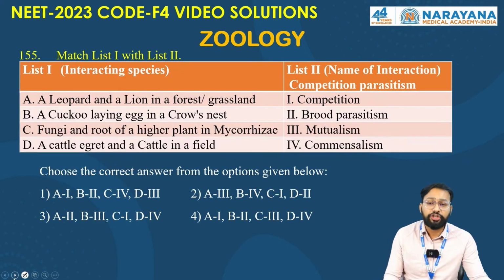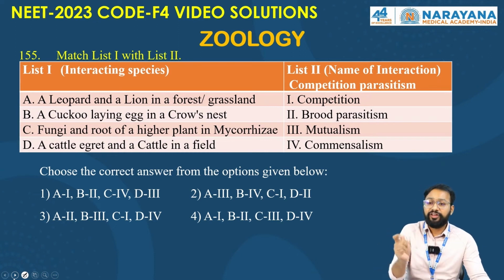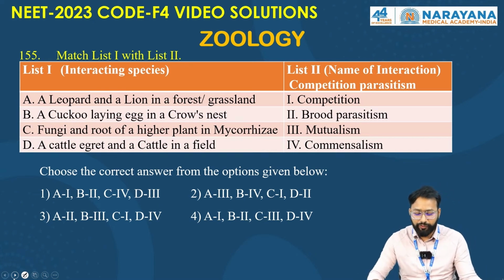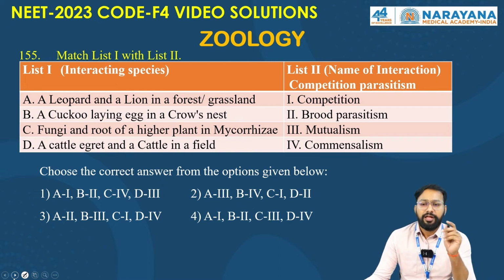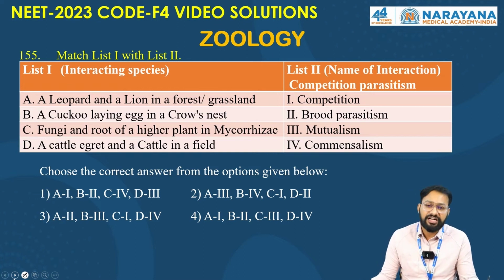As I already told you, match the following questions are more. So here we have a match the following question from the ecology part, from the organisms and population chapter, where we talk about population interactions. Over here, between the interacting species and the type of interaction between them, first, a leopard and a lion in a forest grassland.